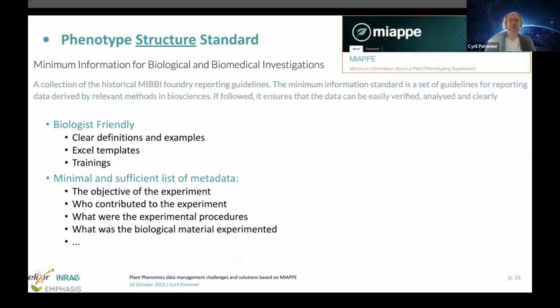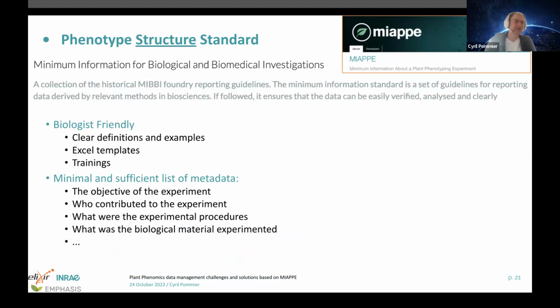It's a minimum information for biological and biomedical investigation standard. It means that it aims mostly at being biologist friendly, with clear definitions and examples. And we have devoted a lot of time to building those definitions and examples.